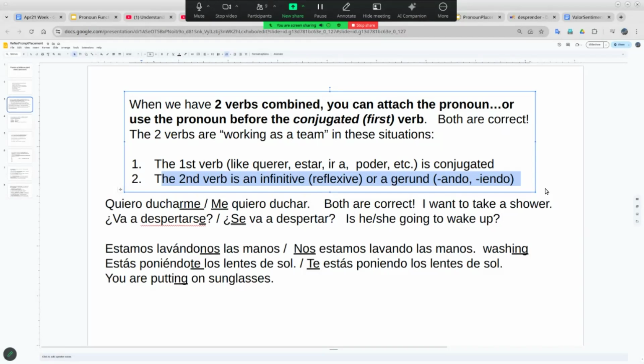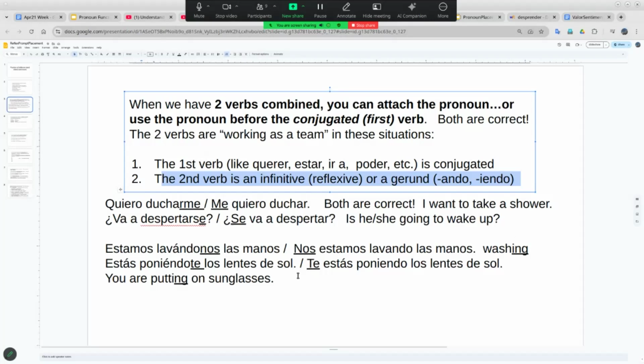That means the ing idea in English, like walking, running, washing, eating. That ing is what we call a gerund. And so you're listening for the second verb to either be an infinitive or an ando, yendo kind of verb. Ando and yendo is the same thing as saying ing in English.